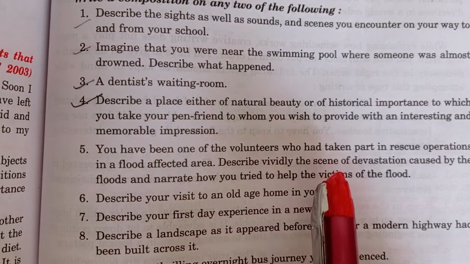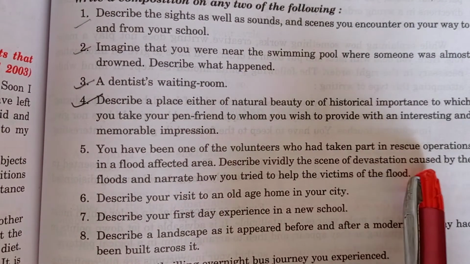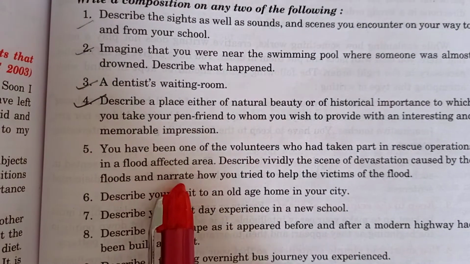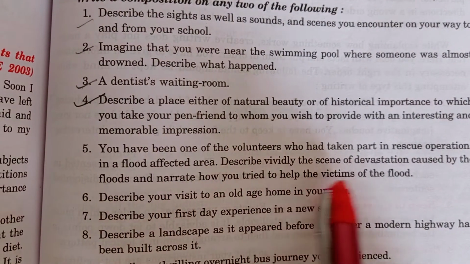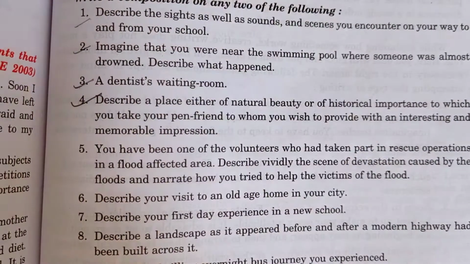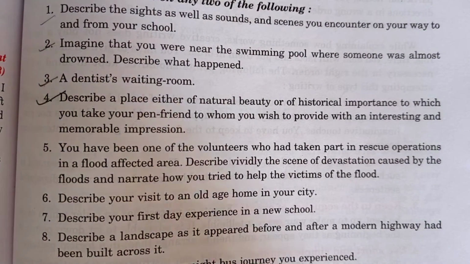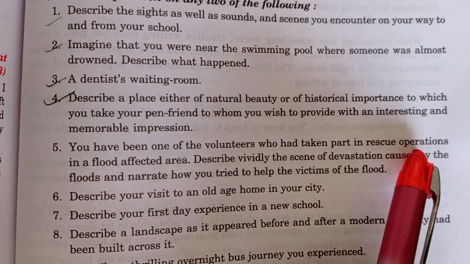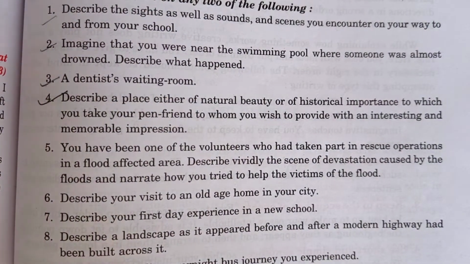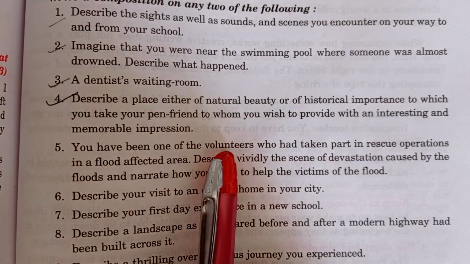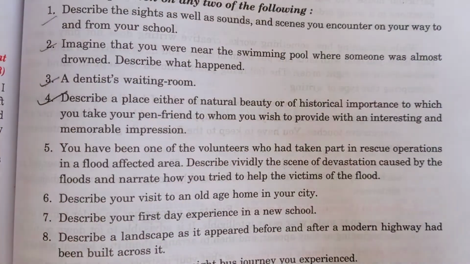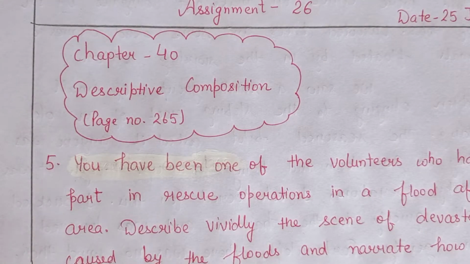Describe vividly the scene of devastation caused by the floods and narrate how you tried to help the victims of the flood. So in this descriptive composition, you have to explain the rescue operations in a flood affected area, and you are one of the volunteers who help the people. Now please open up today's written assignment.